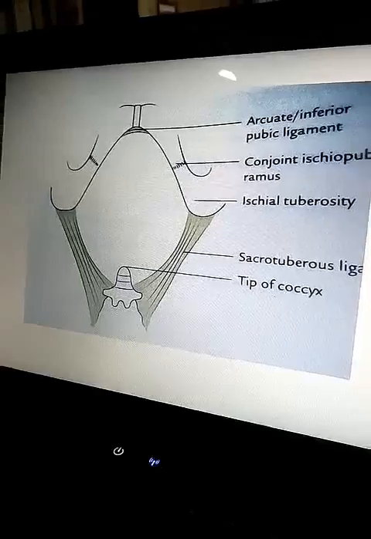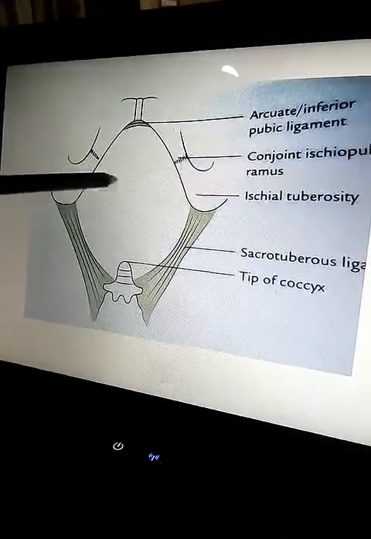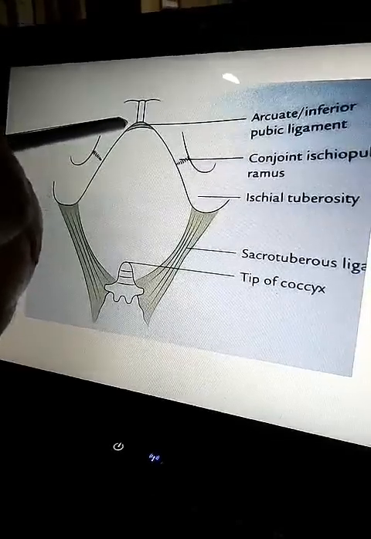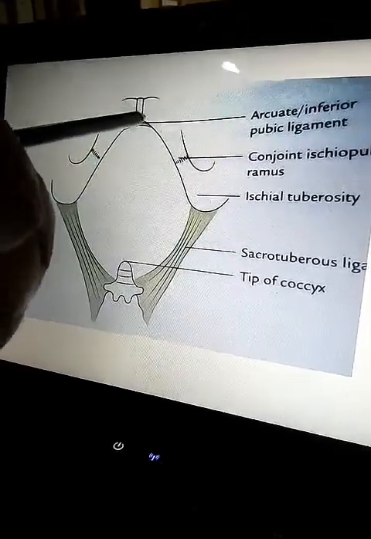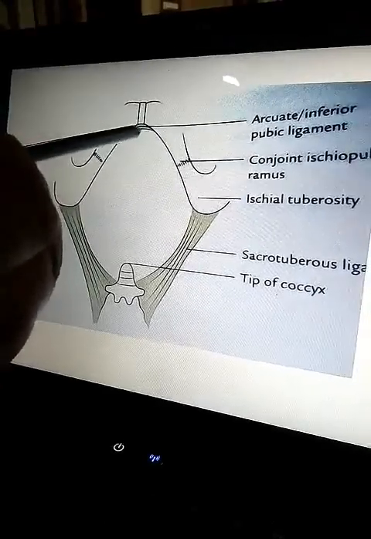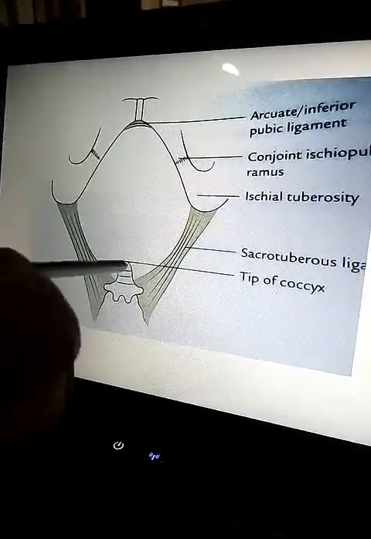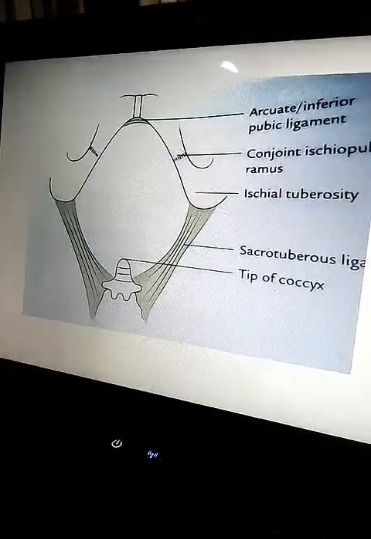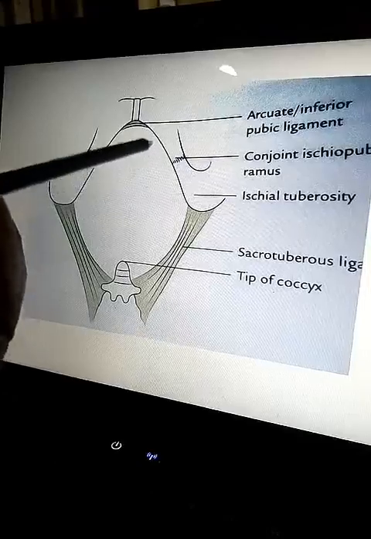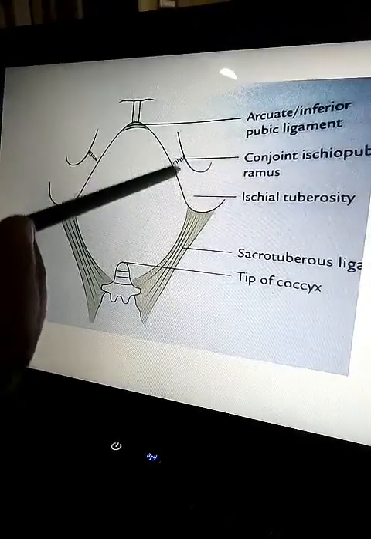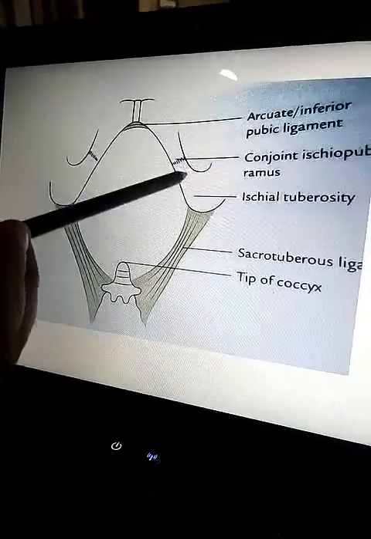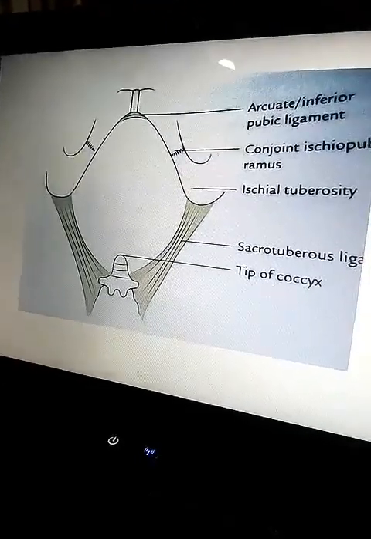Now the deep boundaries. Anteriorly, the deep boundary is formed by the inferior margin of the pubic symphysis, more precisely the arcuate pubic ligament. Posteriorly, it is bounded by the tip of the coccyx. On each side, anterolaterally, it is bounded by the conjoint ischiopubic ramus that you will learn in the hip bone.